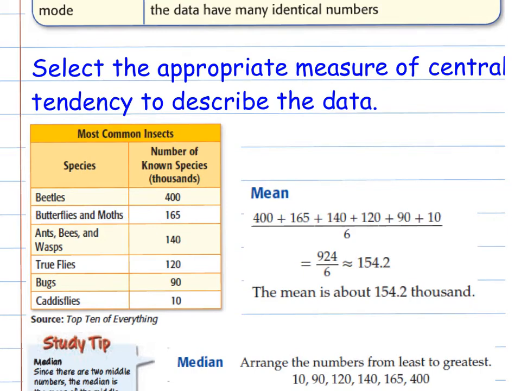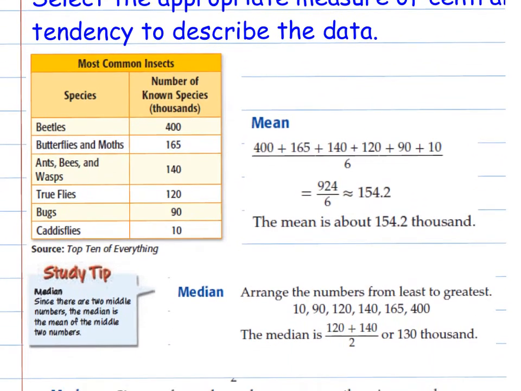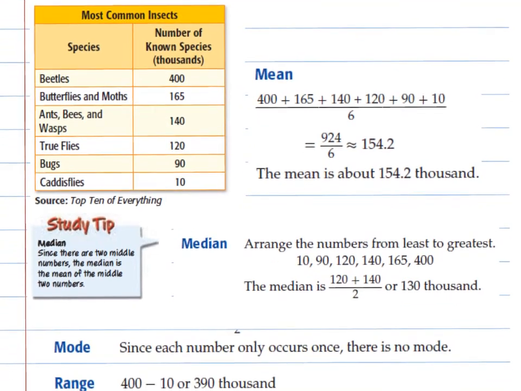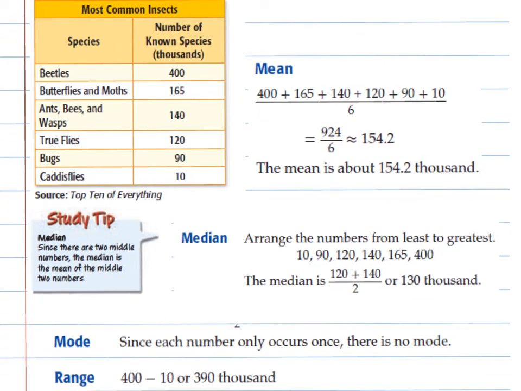The mean, so we find the mean of all of these. We're going to add up all of the numbers, divide by the total number of categories, which is 6. We get approximately 154.2 thousand. The median, we're going to arrange the numbers least to greatest, and then we get 130,000.